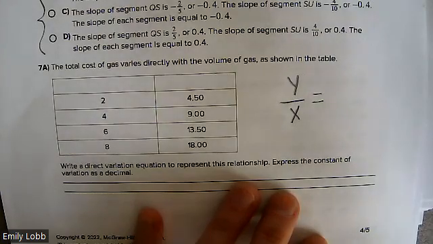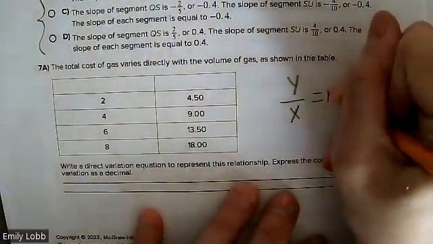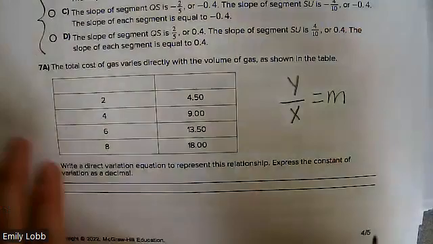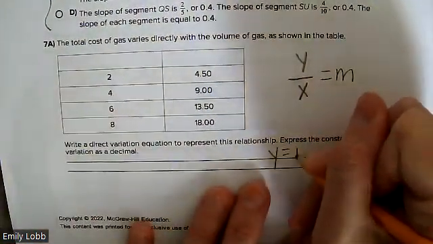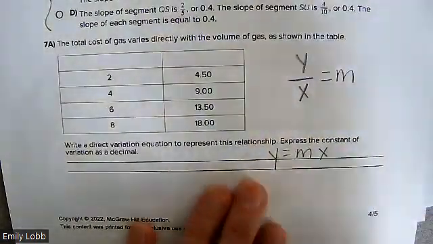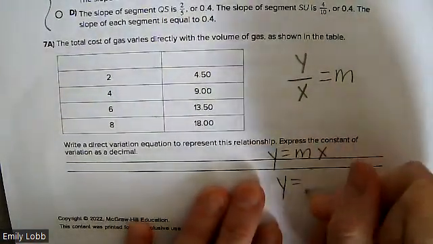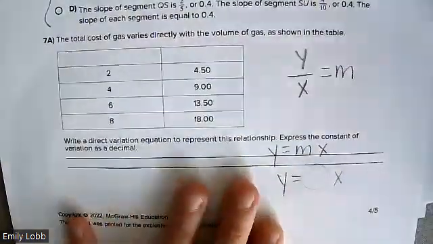What letter? M. So if we're writing a direct variation equation, it's going to be in the form y equals mx, but we have to write it as y equals whatever this m is times x.